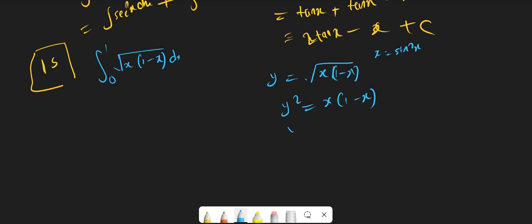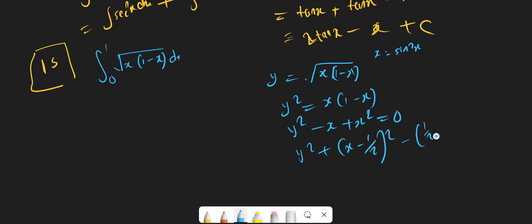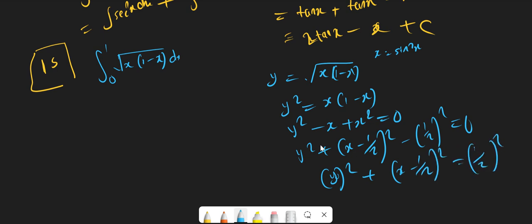So basically, y squared minus x plus x squared would be 0, which means that y squared plus x minus half squared minus 1 over 2 squared is 0, which means that y squared plus x minus half squared equals 1 over 2 squared. So this is now from 0 to 1.